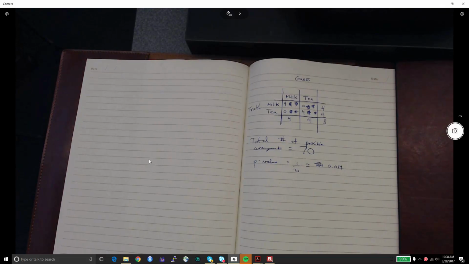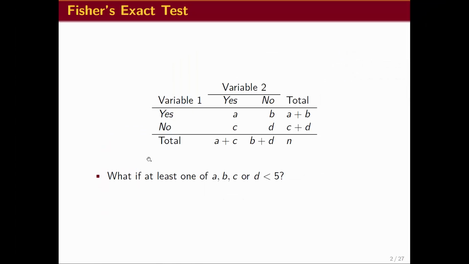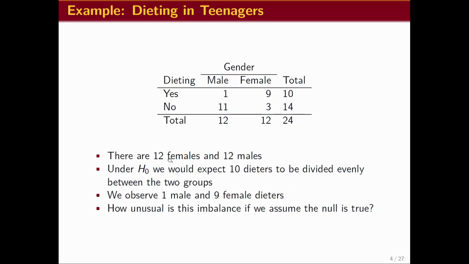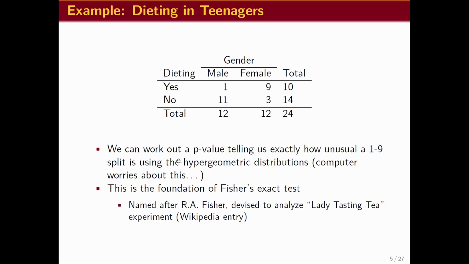All right. So that's the Fisher's exact test. Fun fact: I think I put a link to the so-called lady tasting tea experiment on Wikipedia here. There's a slightly updated version of the notes, which has a couple of new things in here, including this.